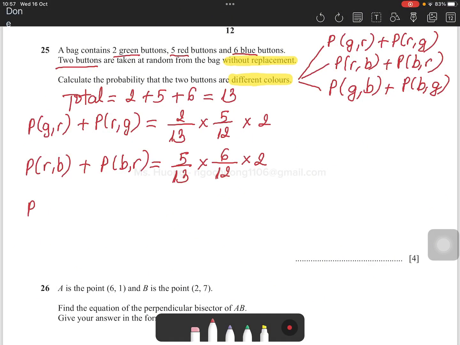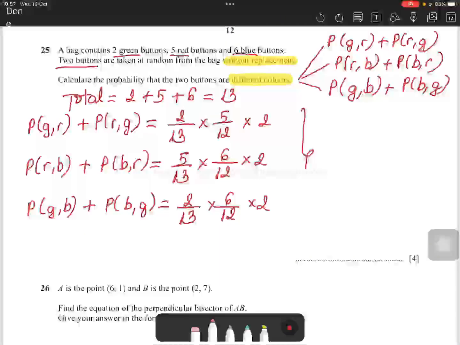Finally, the probability of green, blue plus the probability of blue, green is, the green is 2 out of 13 and the blue is 6 out of 12. We also double this. Finally, we add up these three together. We add them up and the answer is 2/3.